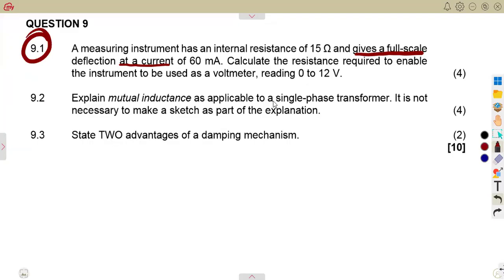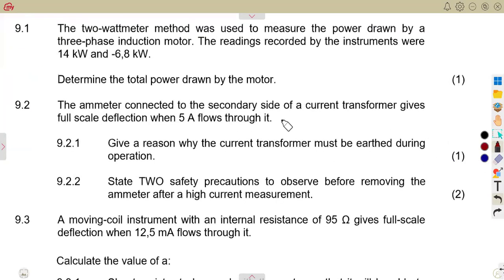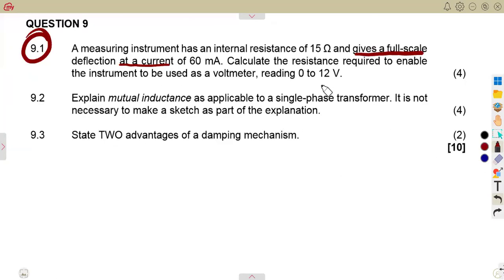It gives a full scale of the maximum current that is being measured, which is going to be at the meter, like on that measuring instrument that you're given.